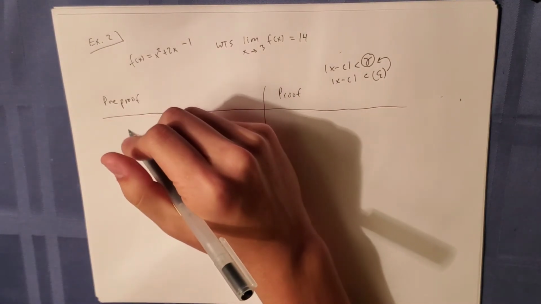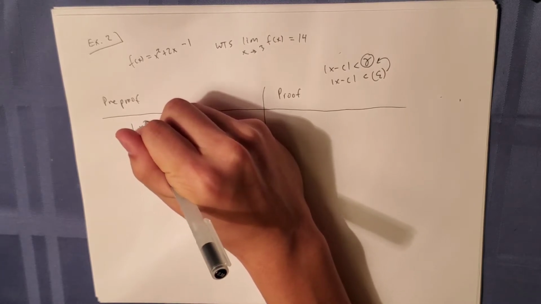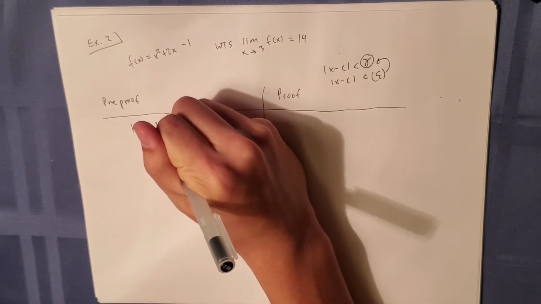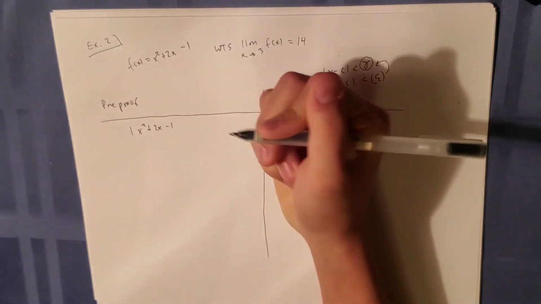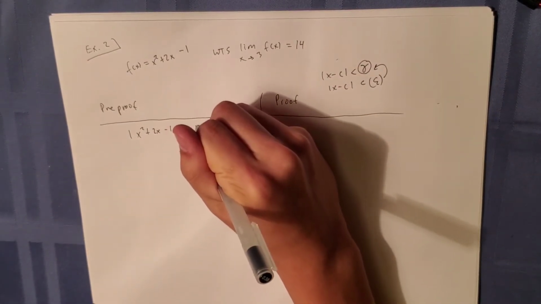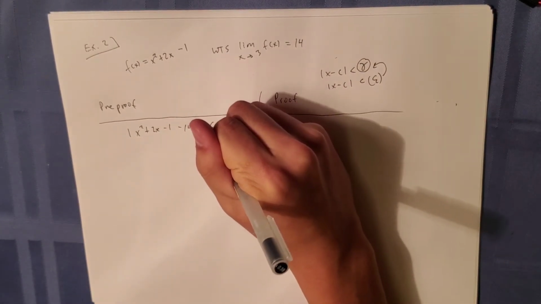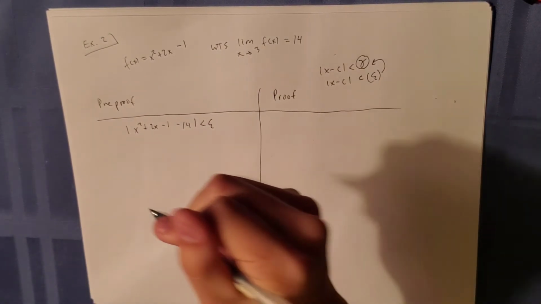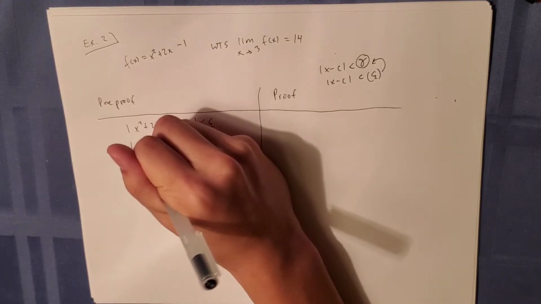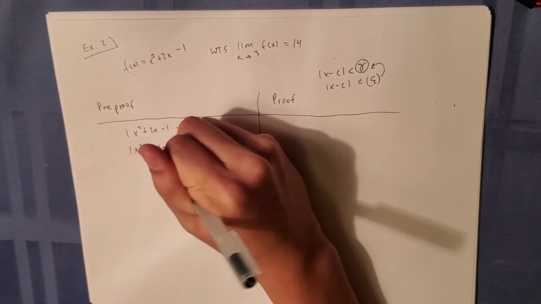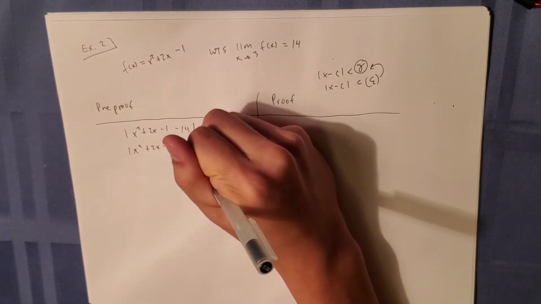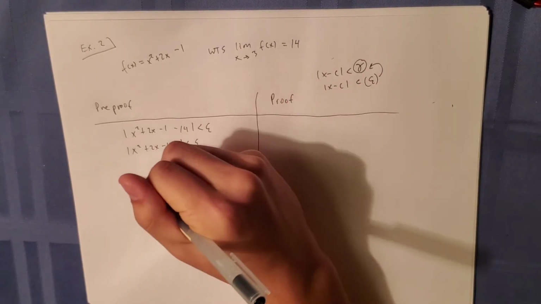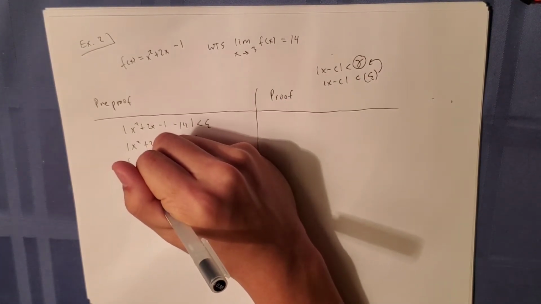We want to show that the absolute value of x squared plus 2x minus 1 minus 14 will be less than epsilon. Okay. Now this can become the absolute value of x squared plus 2x minus 15 is less than epsilon, and we can factor this.